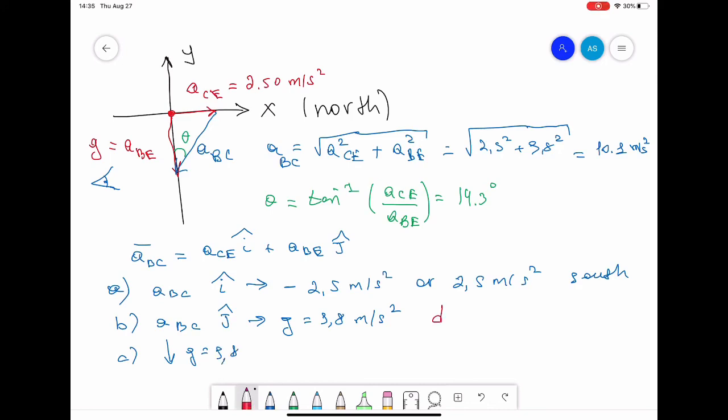However, if the observer is standing on the Earth, then he will see that the bolt, if it's released from rest, will be moving in a parabola. Why is it moving in a parabola?